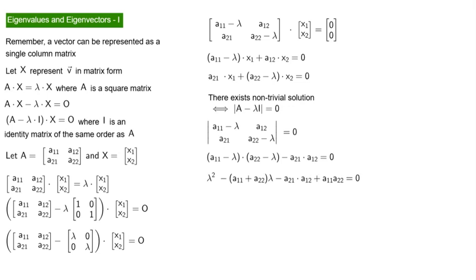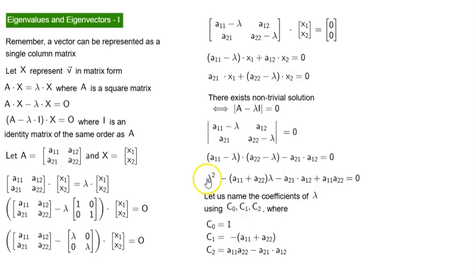Let's simplify that. Now let us name these coefficients of lambda using C0, C1, C2, where C0 is equal to 1, C1 is equal to minus A11 plus A22, and C2 is equal to A11 times A22 minus A21 times A12.